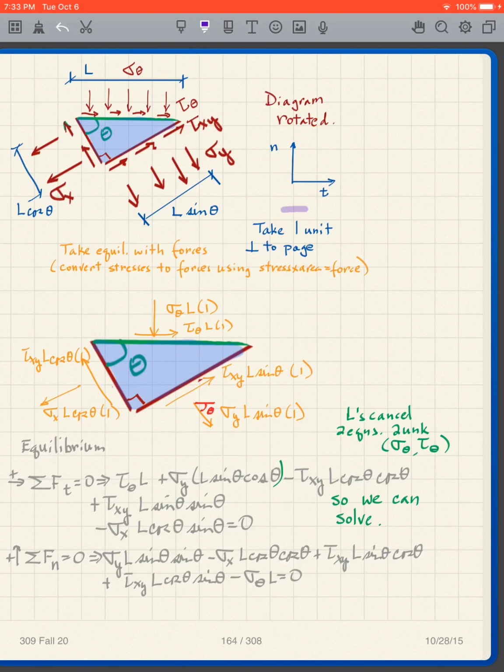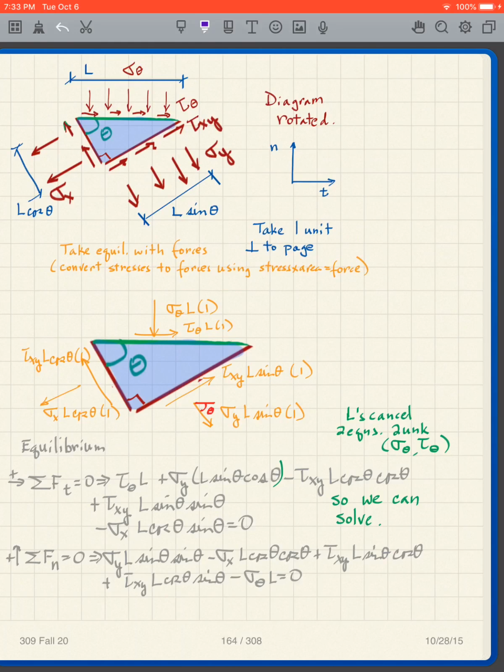If I take one unit perpendicular to the page, then the area over which sigma theta acts is what? It's L times 1 perpendicular to the page.